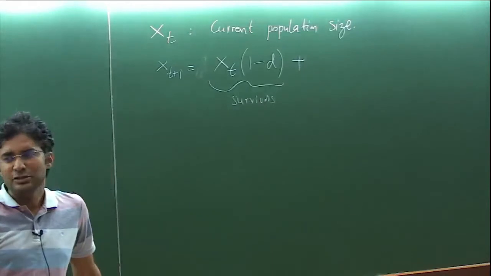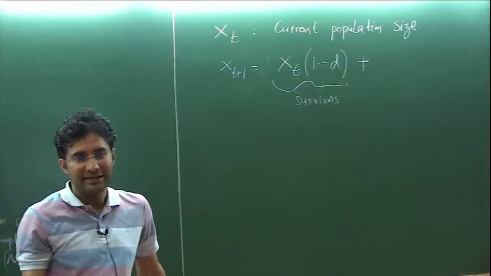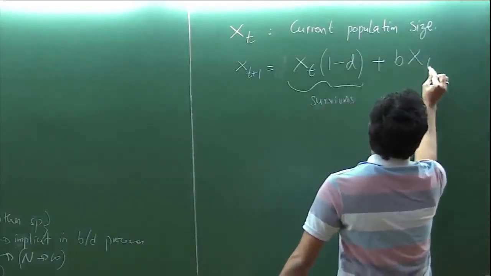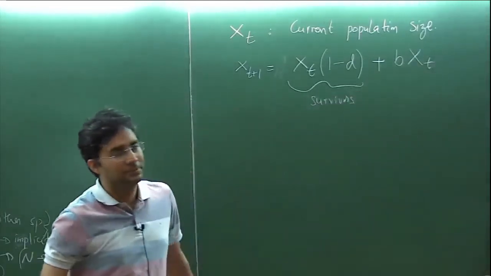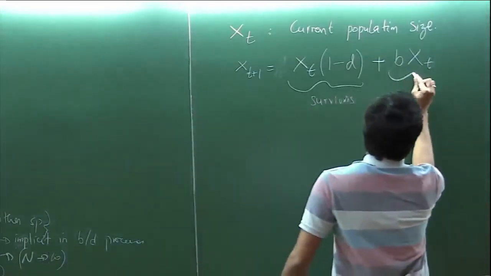Let us assume that on average there are B offspring per individual. So that will give rise to these many births. Is that right?